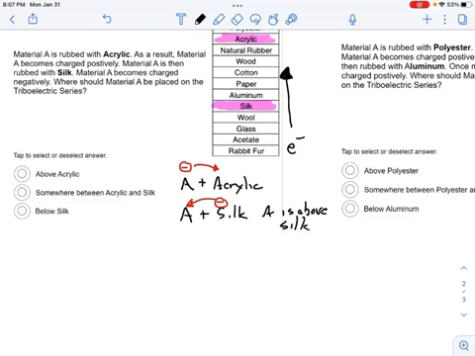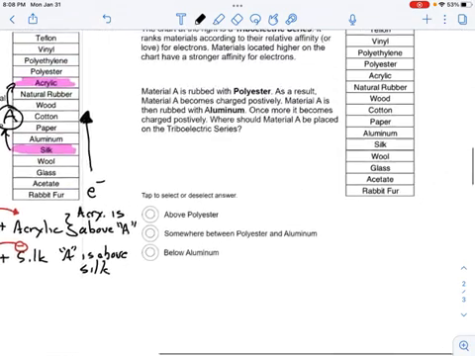Now, if A gave away electrons, then this tells us that acrylic is above material A. And so A must be in here somewhere, right? Because silk gave up electrons to A, and A gave up electrons to acrylic. And so somewhere between acrylic and silk is where material A is located.